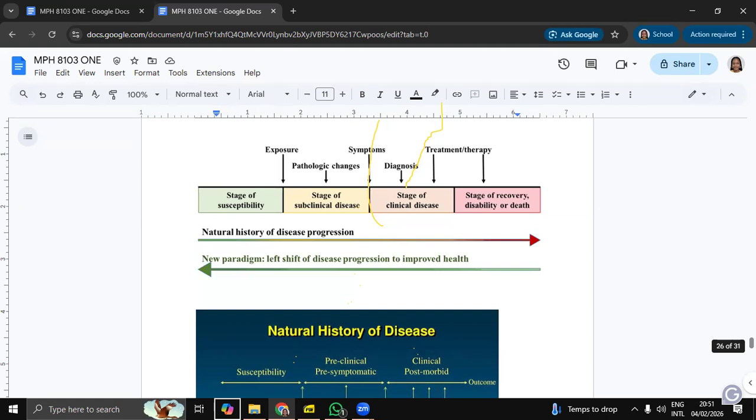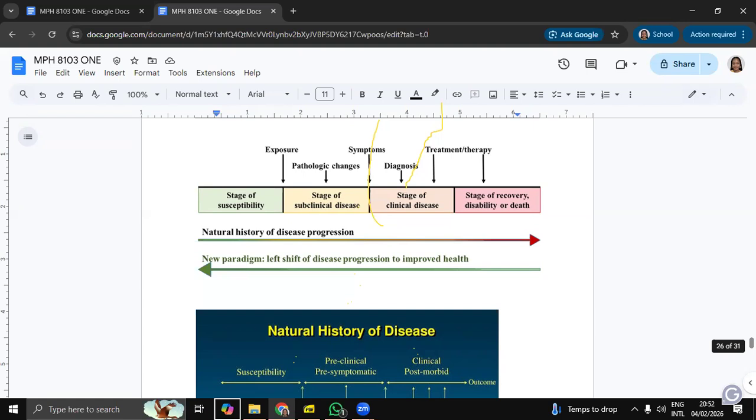That's not correct. When we are studying natural history of disease progression, we are looking at how this disease goes from start to end. How does it progress if you don't interfere? That's why it's natural.